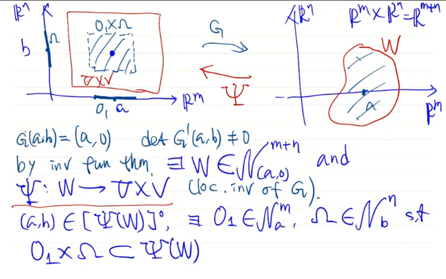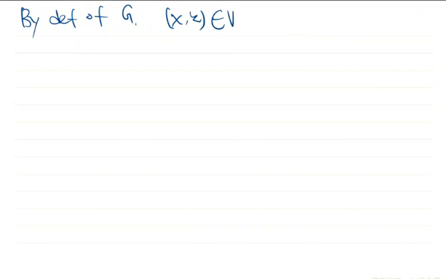Now, from the definition of our map G, what do we get? By the definition of our G, if (x, z) is a point in W, then the first component of psi(x, z) must be x.